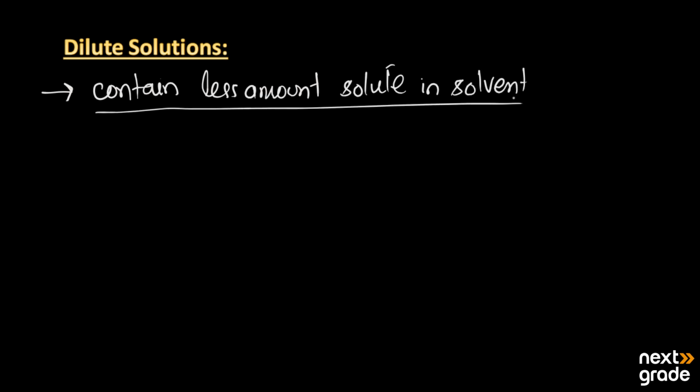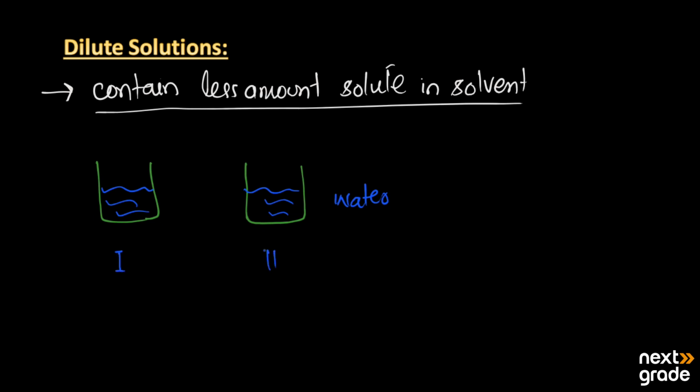So for example, here we have two beakers, and in these two beakers we have the solvent, like water, in beaker 1 and beaker 2.